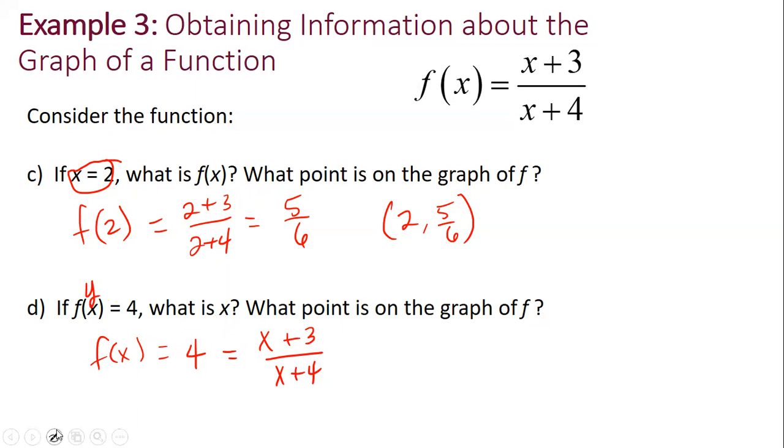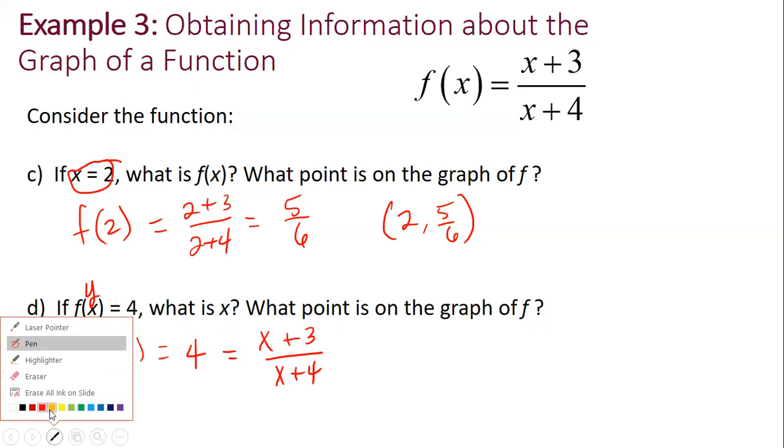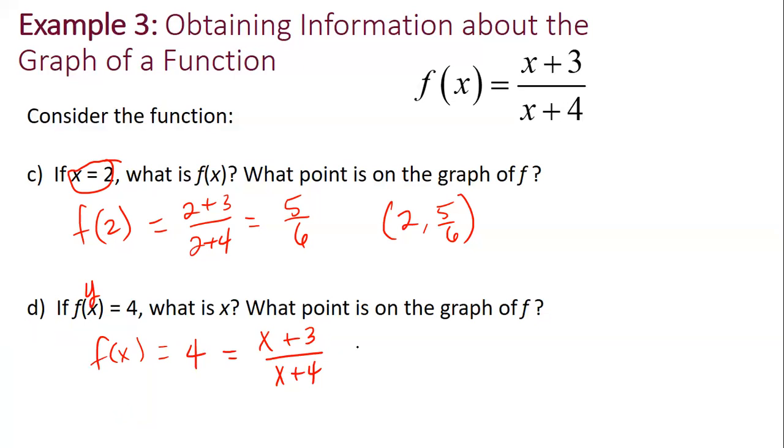And now we're going to do everything to get x by itself. So the first thing we have to do is get x out of the denominator. So we're going to multiply both sides by x plus 4, which leads me to 4 times x plus 4 equals x plus 3.